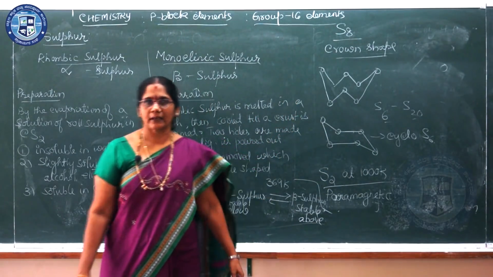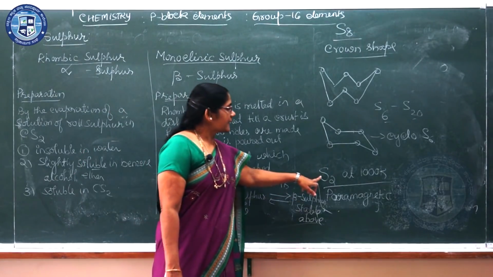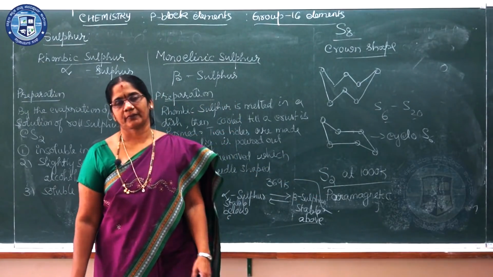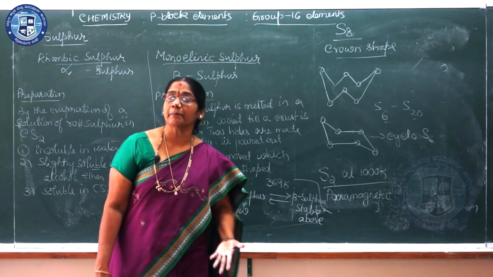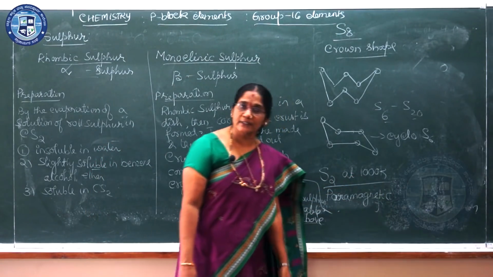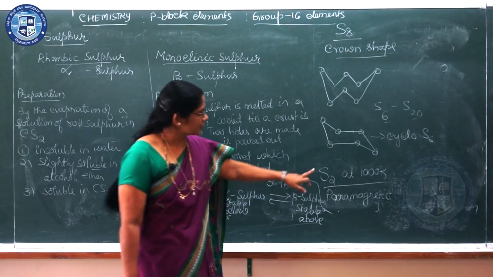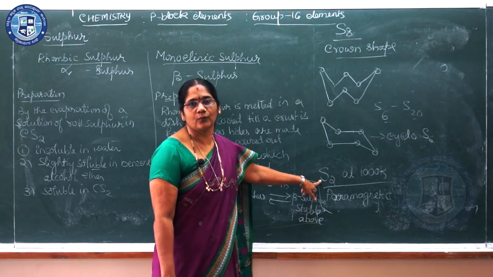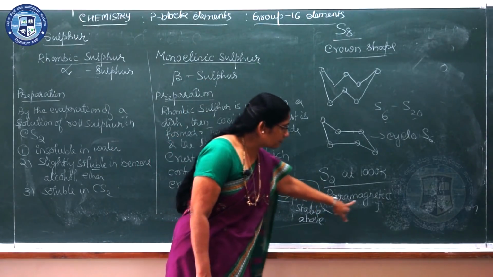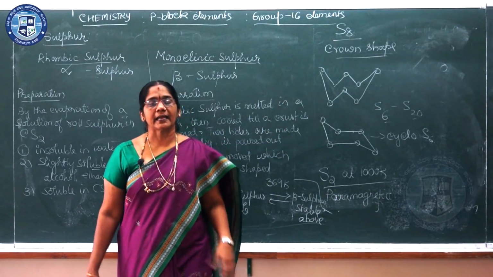And one more very important thing here is that the S2 species is present at high temperatures of nearly 1000 Kelvin, at which this S2 form of sulfur is paramagnetic like O2.